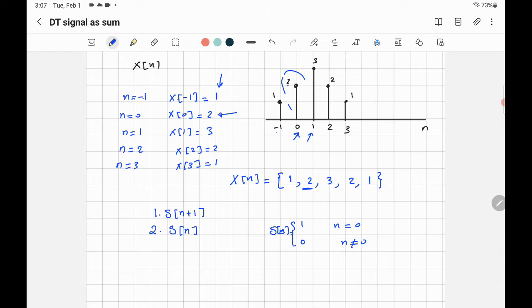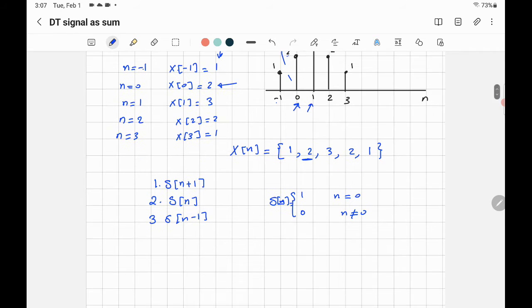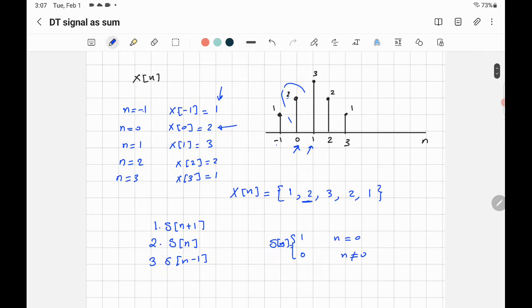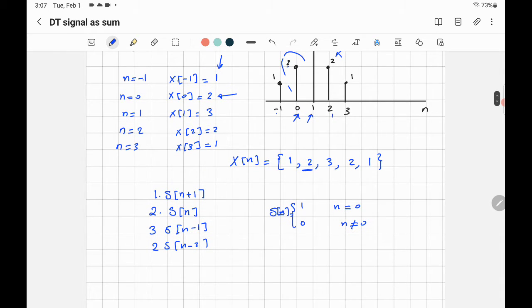All right, let's go here. The amplitude is equal to 3, delta n minus 1, shifted 1 towards the right. Then you have a pulse at 2, and the amplitude is equal to 2. So that's 2 delta n minus 2. The last one, the amplitude is equal to 1, and delta n minus 3.